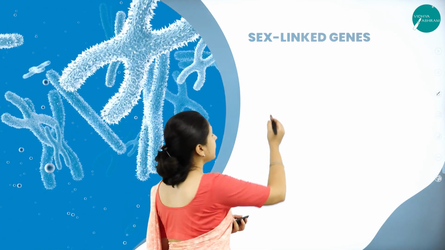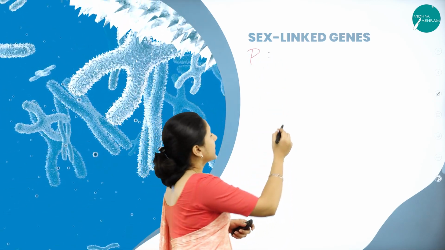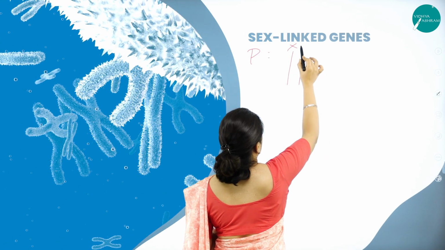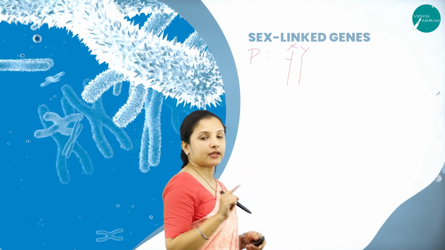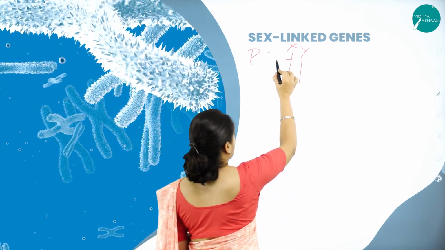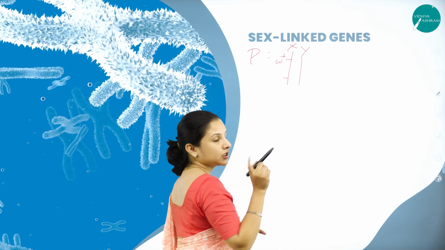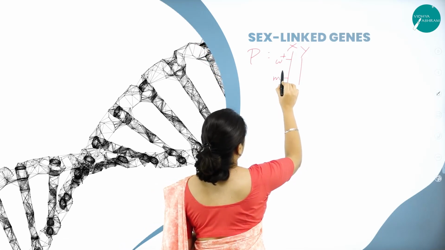So first we need the parentals. In the parent, the male has the chromosomes X and Y, wherein it has the gene responsible for the red eye and the gene responsible for the wing size, that is large wing, which is M plus.